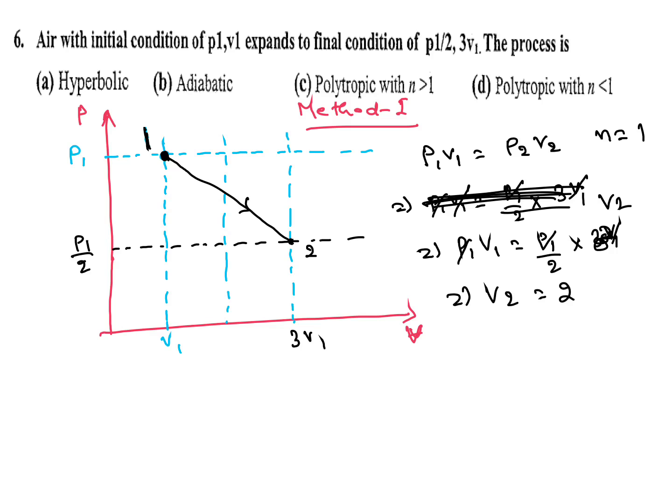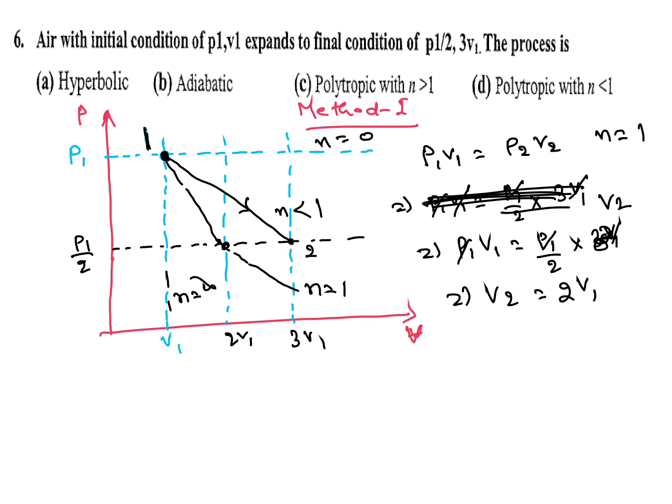Here the curve will come like this when n equal to 1. This side n equal to 0, this side n equal to infinity. So this one n is less than 1. From the options, D is our answer.